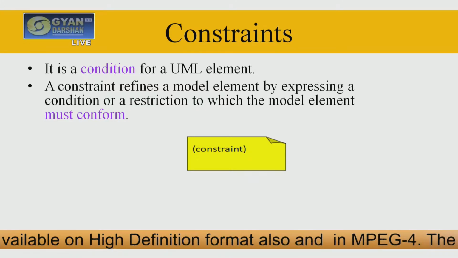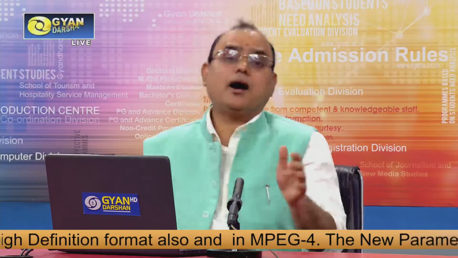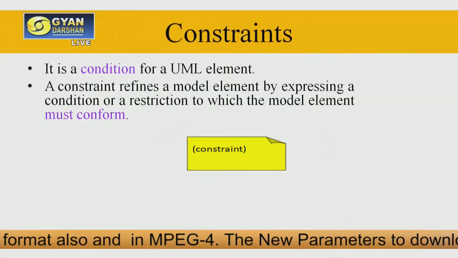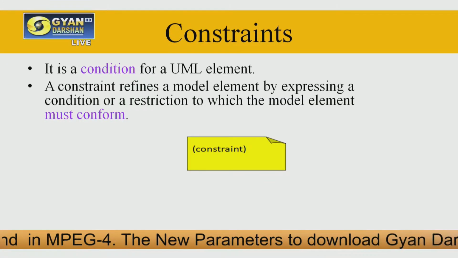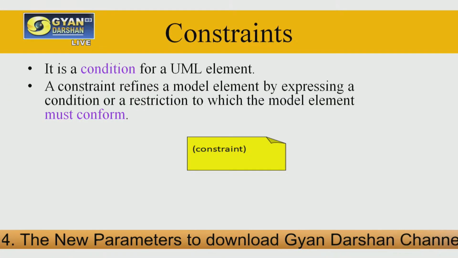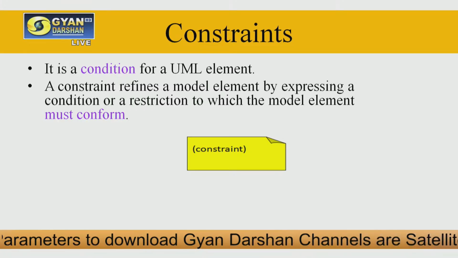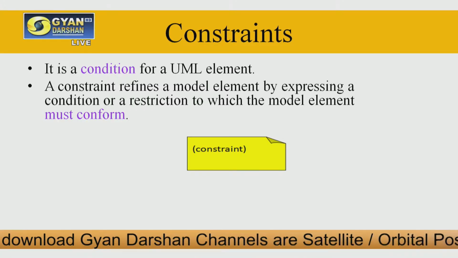Restriction means some kind of operational condition. Let us say the example of an educational system. If a student is trying to register in a program and age is below 15, then the university will not permit the admission. So that is the constraint that we are implementing.